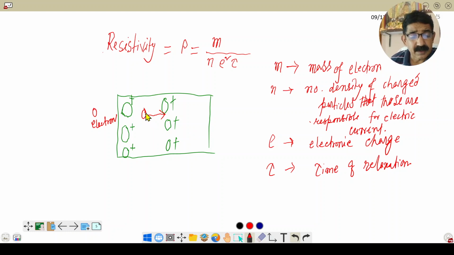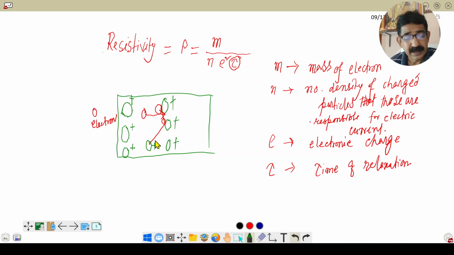So the relaxation time is defined as the time interval between two successive collisions. Suppose the electron is coming from here and encounters a collision here, and then it is deflected towards this and encounters another collision here, then it is deflected and encounters another collision there.